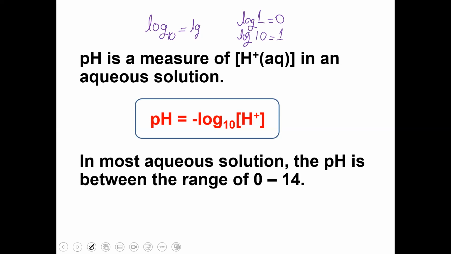Log 100? It's 2. So you got the point that logarithm is a real scale converter. If you take out log 100, it will be 2, and so on. So log 1000 will be 3.